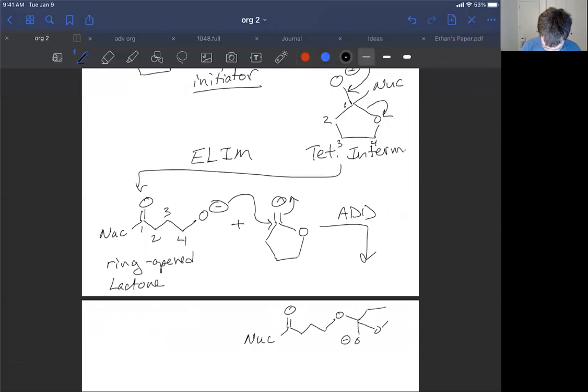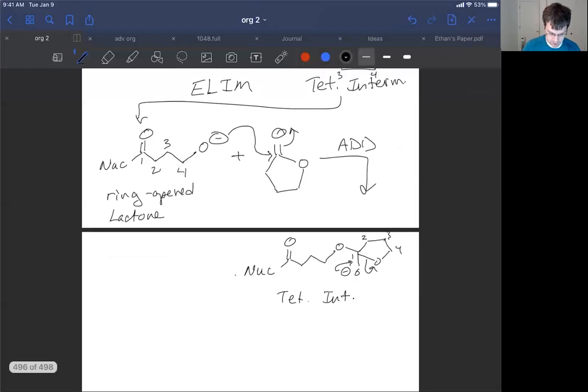We're now on a drawing adventure, but we still have 1, 2, 3, 4 carbon atoms. The negative charge is going to come down from our tetrahedral intermediate. Now I realize it has 2 oxygens it could push off, and maybe it seems a bit arbitrary that I'm pushing off the lactone oxygen. But recall, if we push off the other oxygen, that's pushing off our nucleophile, and we're just going back to the starting materials and not accomplishing anything. So I'm going to push off the lactone oxygen, and then I get a bigger chain.